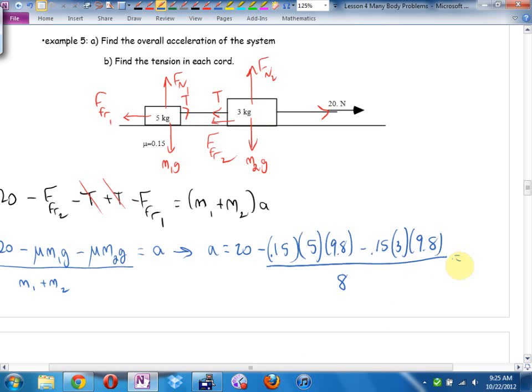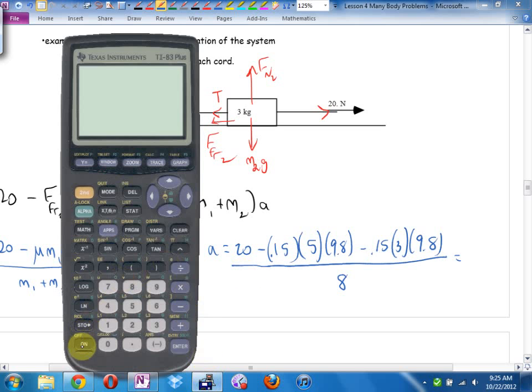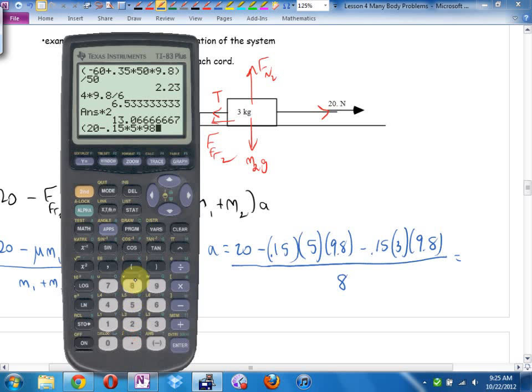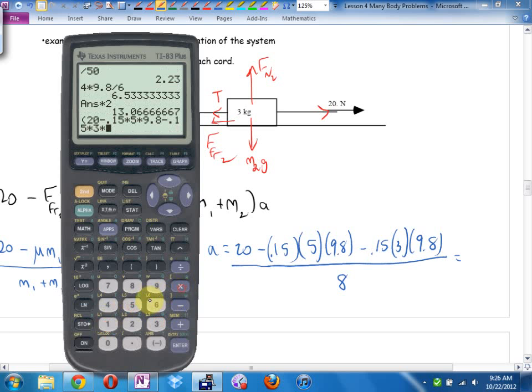What do we get? Bracket 20 minus 0.15 times 5 times 9.8 minus 0.15 times 3 times 9.8, close bracket, divided by 8. Do you get 1.03?